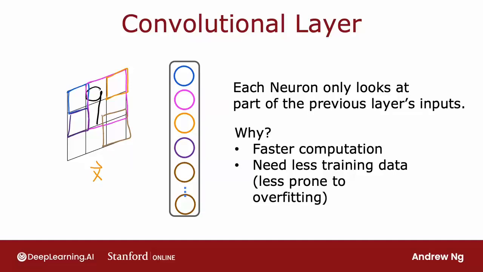And this particular type of layer, where each neuron only looks at a region of the input image, is called a convolutional layer. It was a researcher, Yann LeCun, who had figured out a lot of the details of how to get convolutional layers to work and popularized their use.